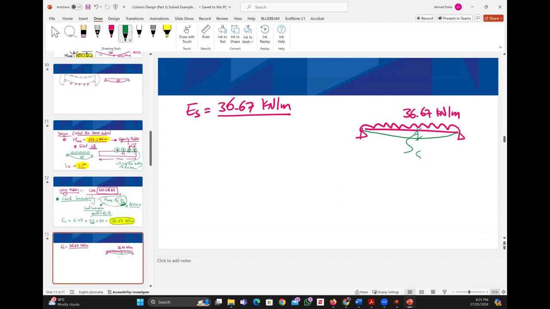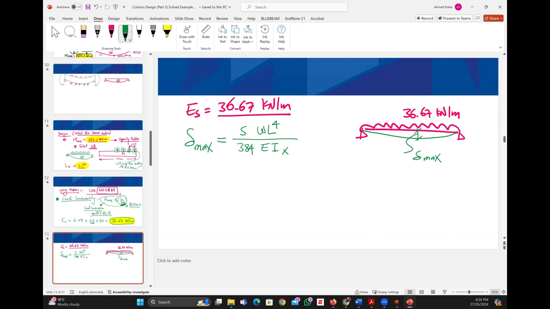In the middle. Do you know the formula? Delta max equals 5 over 384 times W L to the power 4 divided by E I x.